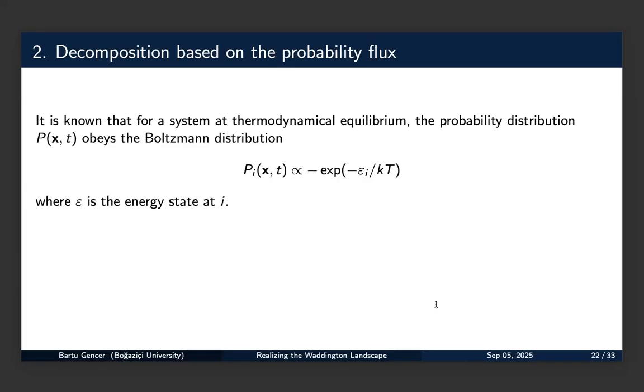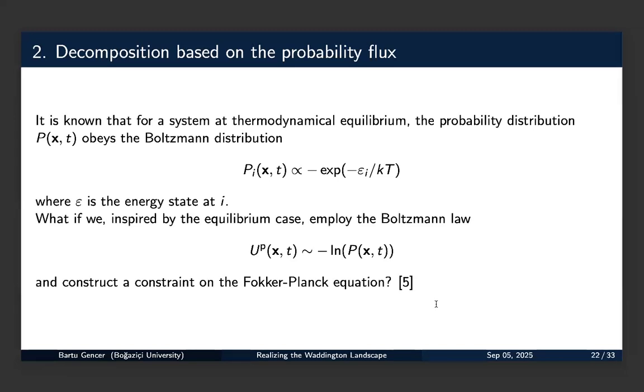And to do that, we also need to use a result from another theory, thermodynamical theory. For a system at thermodynamical equilibrium, the function P obeys the Boltzmann distribution.